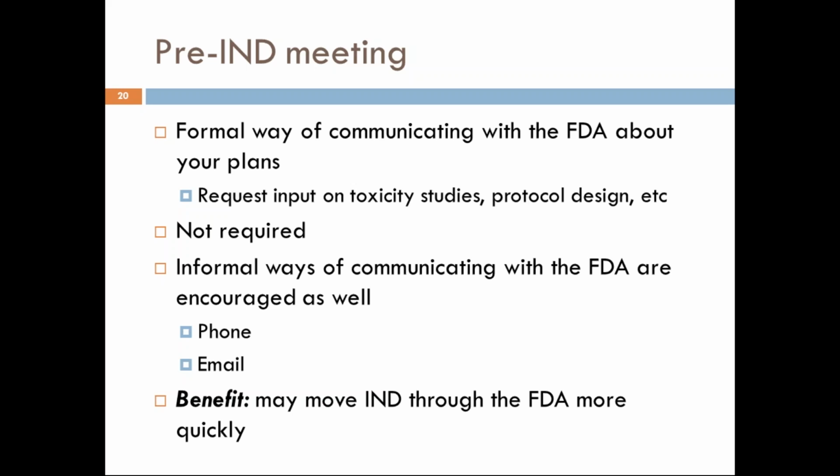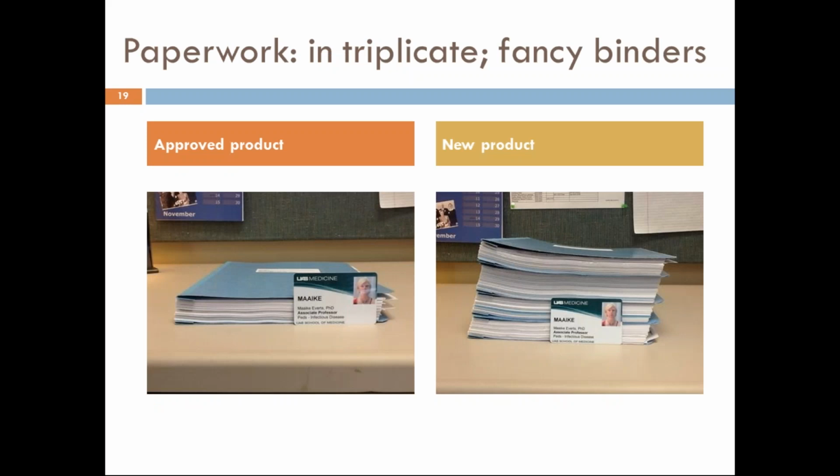Many times when you have that approved drug binder, the small one, it has all the same sections as the big binder, but for some sections you just have what we call a letter of authorization, a letter of cross-reference to the other company's files with the FDA. For example, manufacturing and stability. You just have a letter from the company that says the FDA hereby has permission to look in our drug master file.